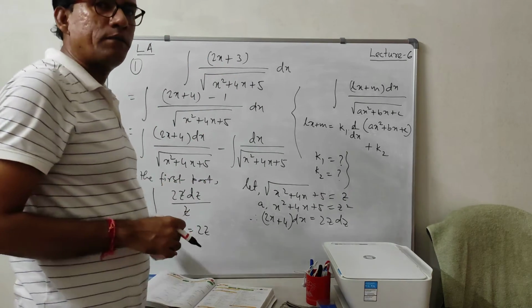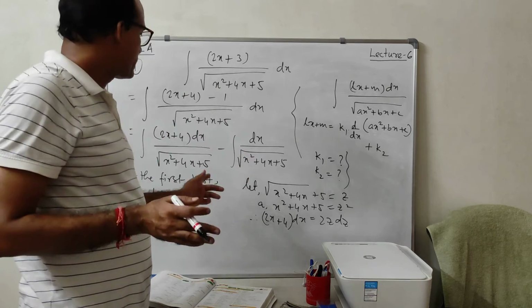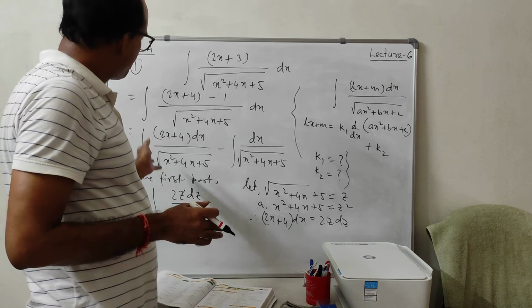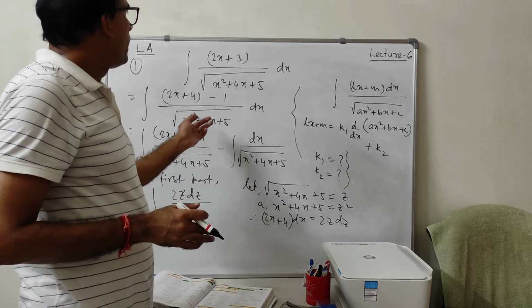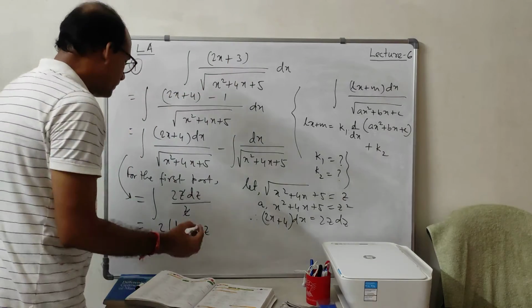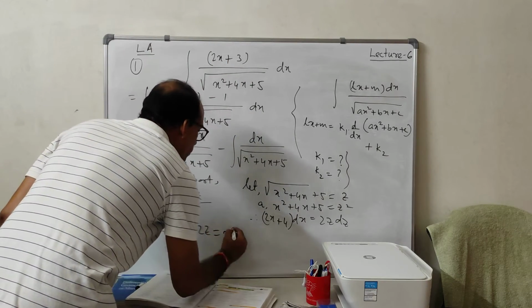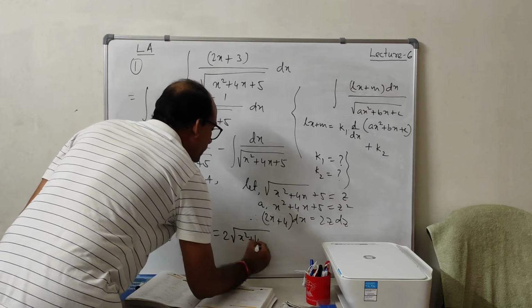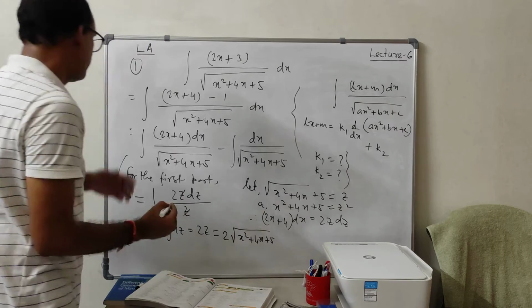That is why I am not mentioning different constants for these two integrals. Instead, I will write a single constant at the end. That is 2 times the square root of x square plus 4x plus 5, since z is that. This is the first part.